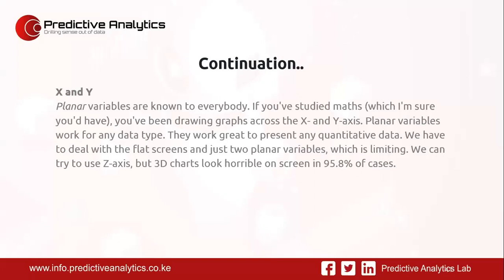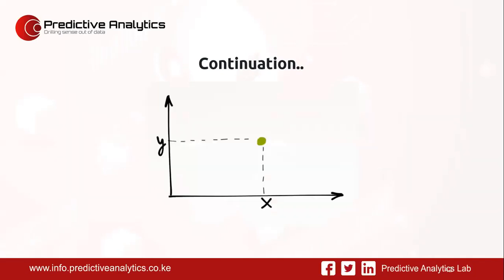But the reason last time I said that 3D charts don't look very good in Excel is that the user tends to focus more on the 3D aspect, which is not really what you are trying to see when, for example, you are drawing 3D pie charts in Excel. So this is an example of an illustration with the X and the Y axis.